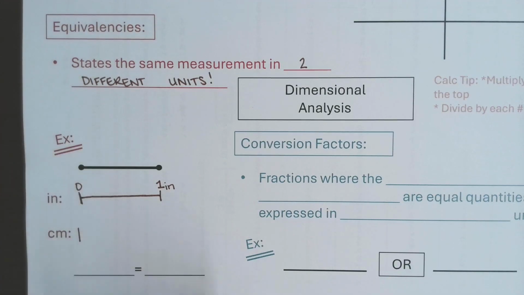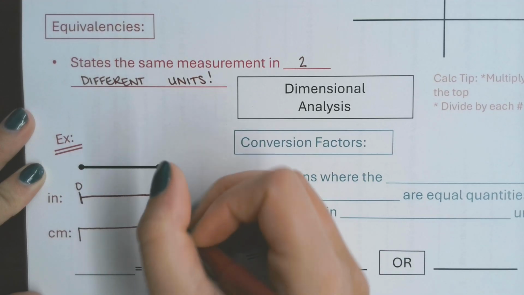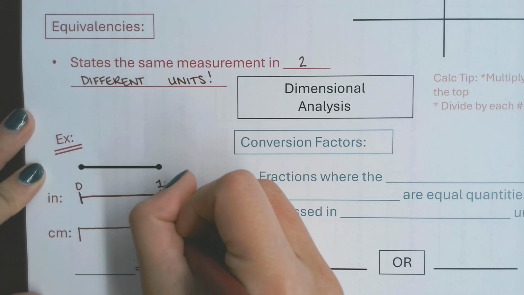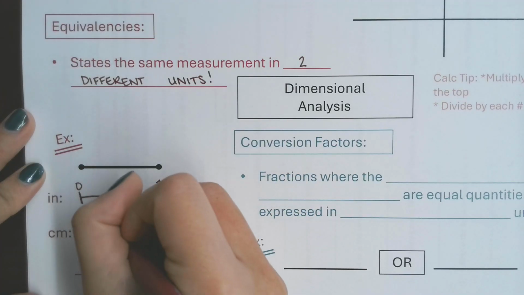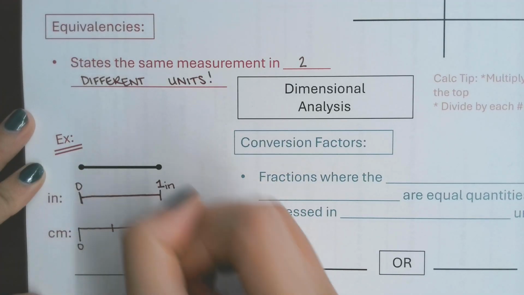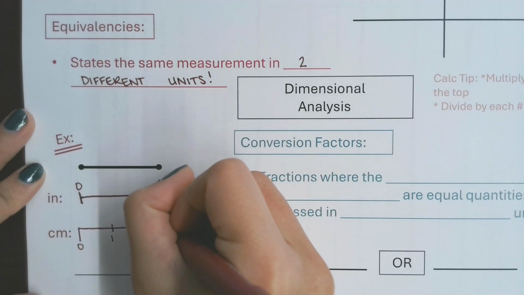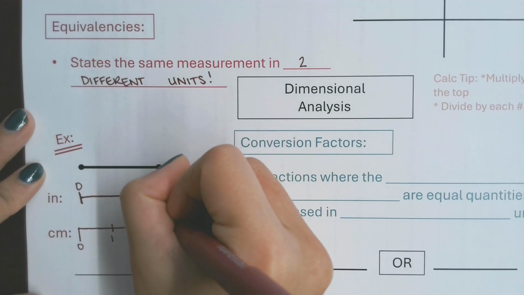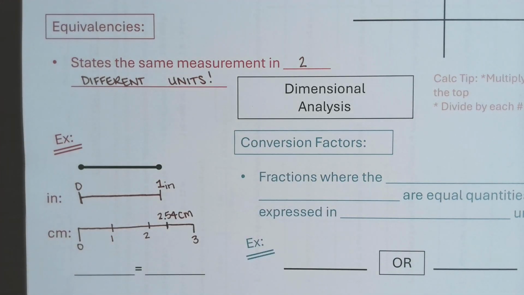obviously, it would not be the same as 1, right? You would measure this line segment out, and you would find that it takes about 2.54 centimeters is equal to that 1 inch.